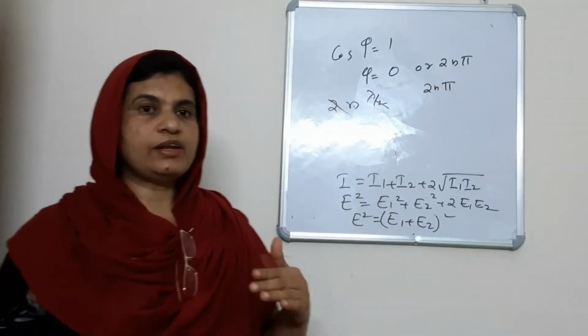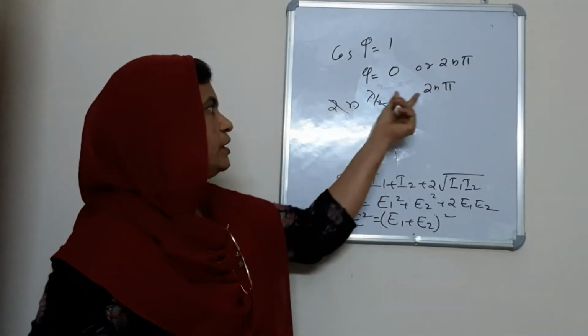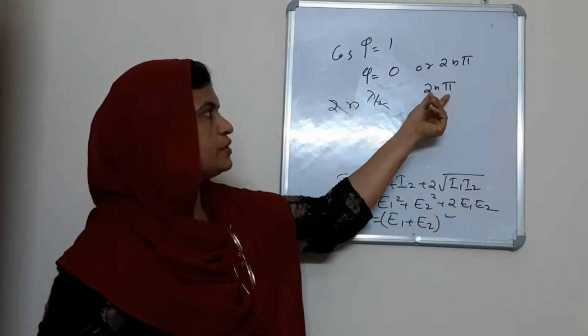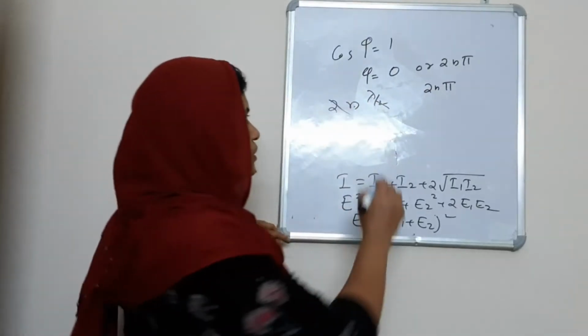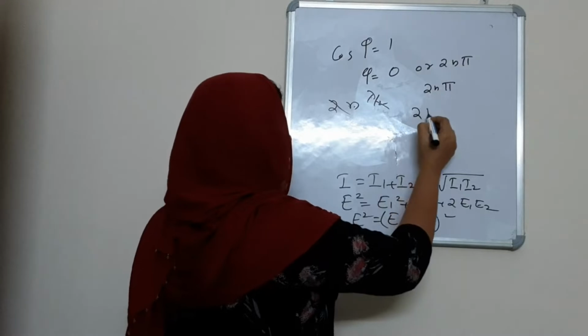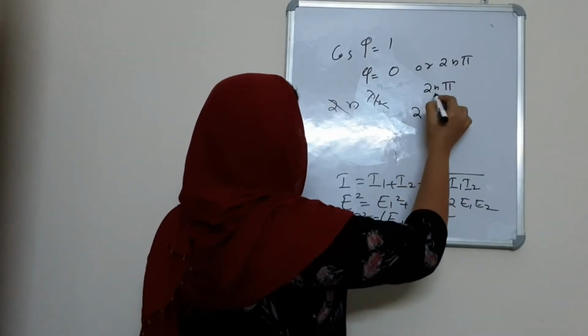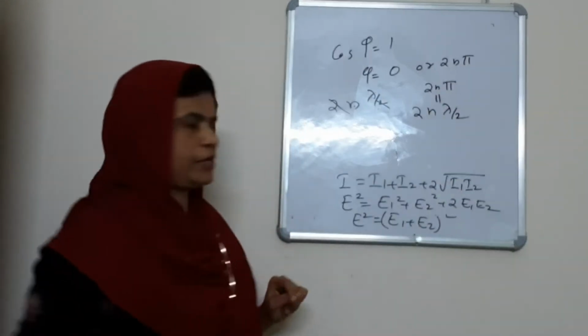That is, the path difference should be an even multiple of lambda by 2, or the phase difference an even multiple of pi. This is equal to 2n lambda by 2 or 2n pi.